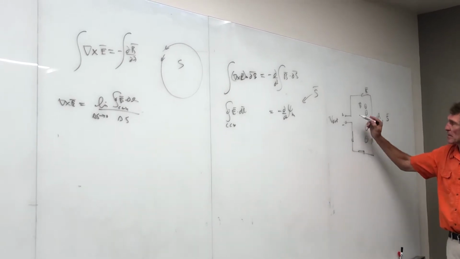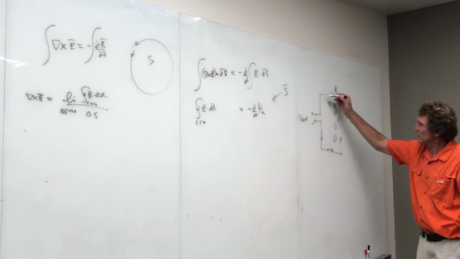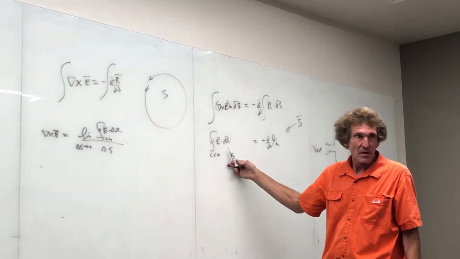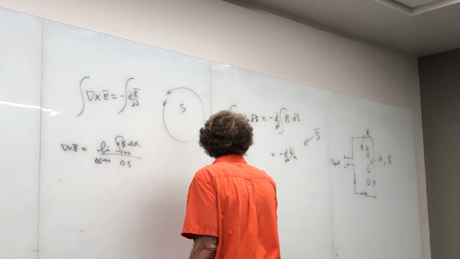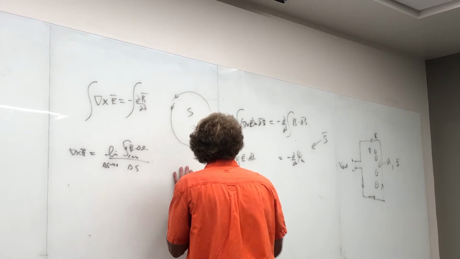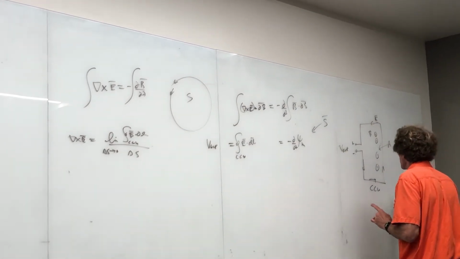If this wasn't broken here, integrating E dot dl around that closed loop, you would get a voltage. And that voltage would be VEMF. You'll notice it's a counterclockwise integral. So it's important to understand that.